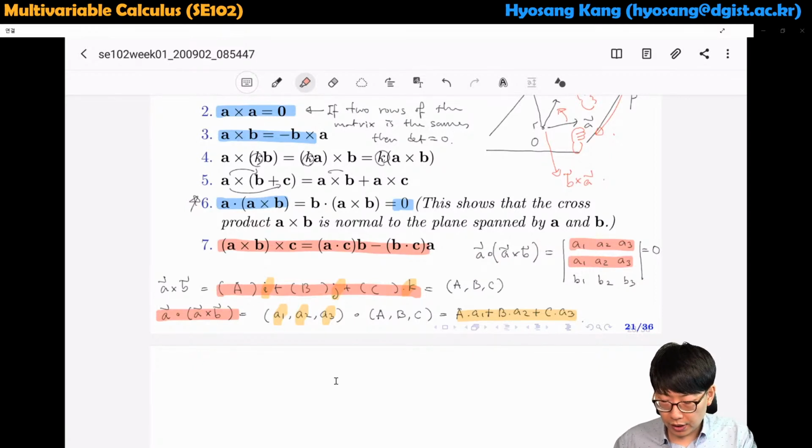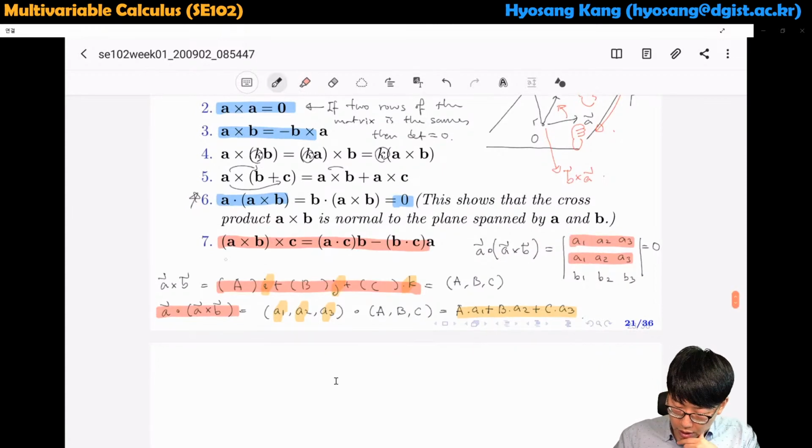Okay, so you can even take the cross product of a cross product. So you have a 3x3 matrix here, and A and B are 3-dimensional vectors, and C is also a 3-dimensional vector, so you can take the cross product again with 2 vectors, and what you get is another vector.